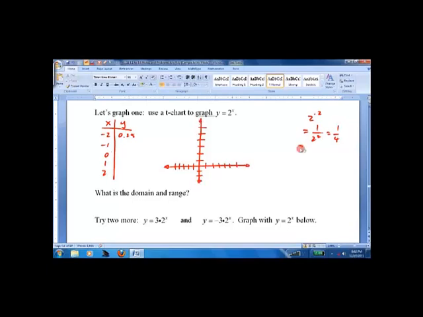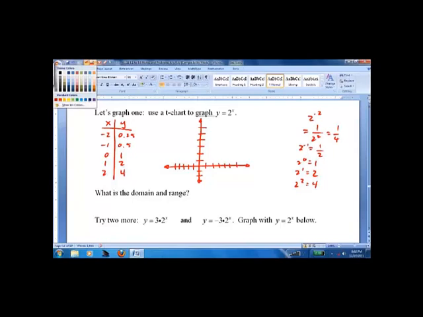Negative 1 is just 2 to the negative first, which is 1/2, also known as 0.5. 2 to the 0, as we know, anything to 0 is 1. And that's actually important to know that. We'll use that shortly. 2 to the 1 is just 2. And 2 squared is 4.